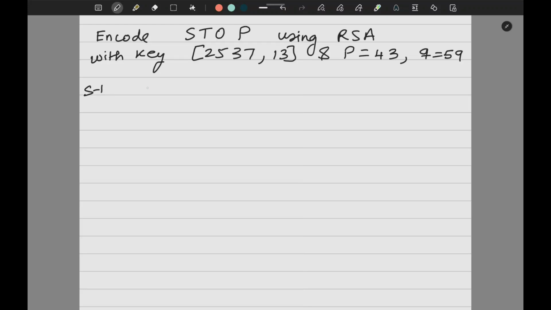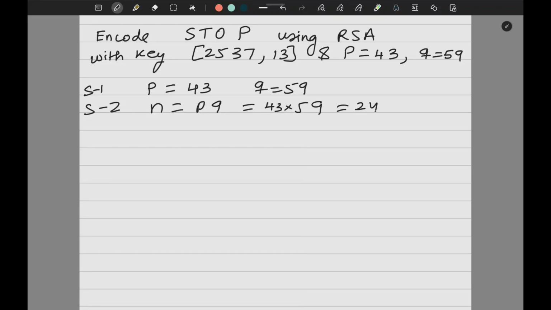Step 1, as I said, P is equal to 43. Q is equal to 59. Step 2 is defining N, which is P into Q. So in this case, it will be 43 into 59, which is 2537. I have written this multiplication wrong, so correct this: N is equal to 2537. Given is E is equal to 13. One more thing I need, which is phi n.